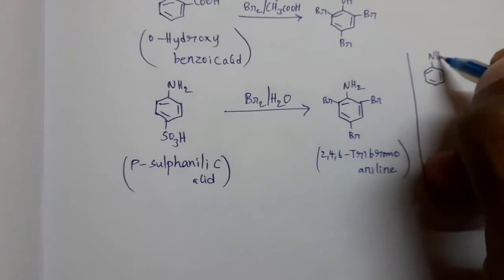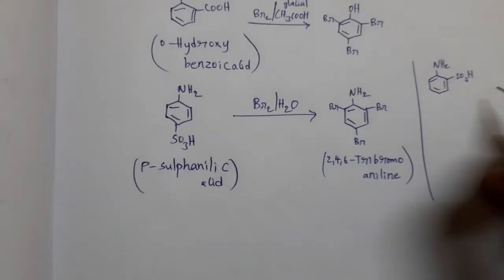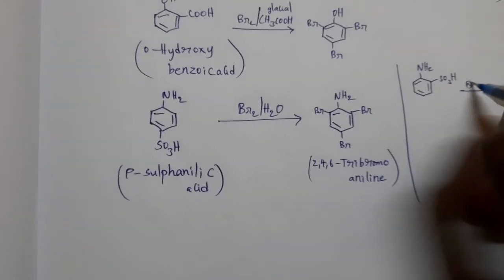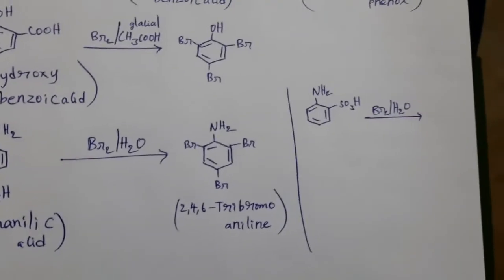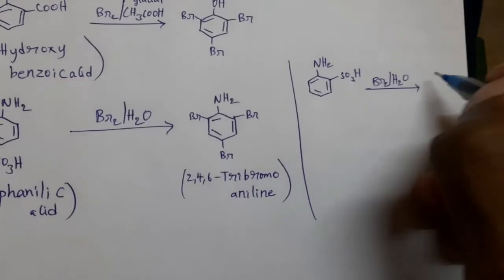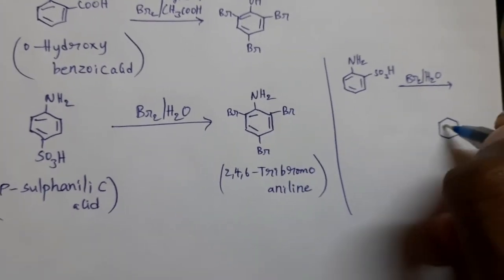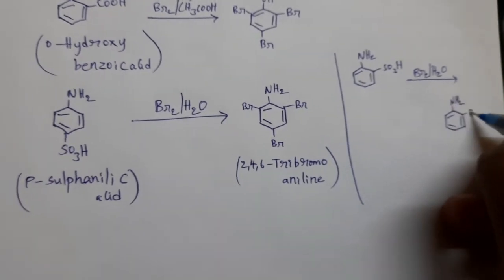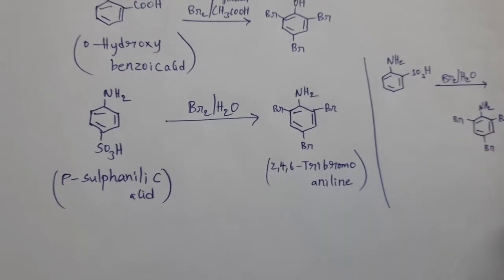This is aniline, SO3H, gives with bromine water, H2O, then we can get this one, NH2, Br, Br, Br.